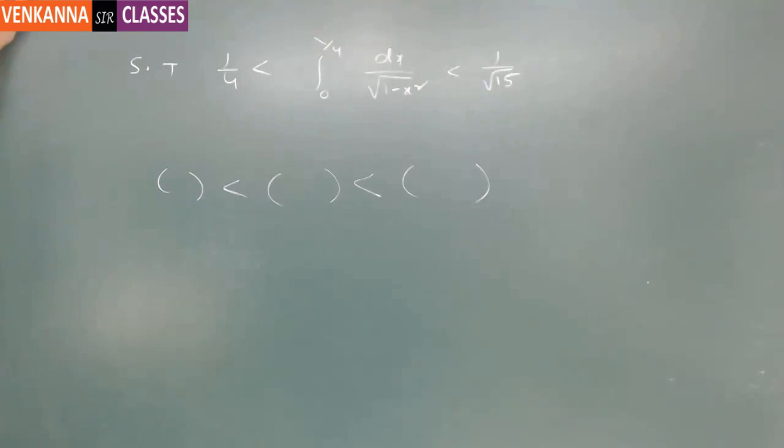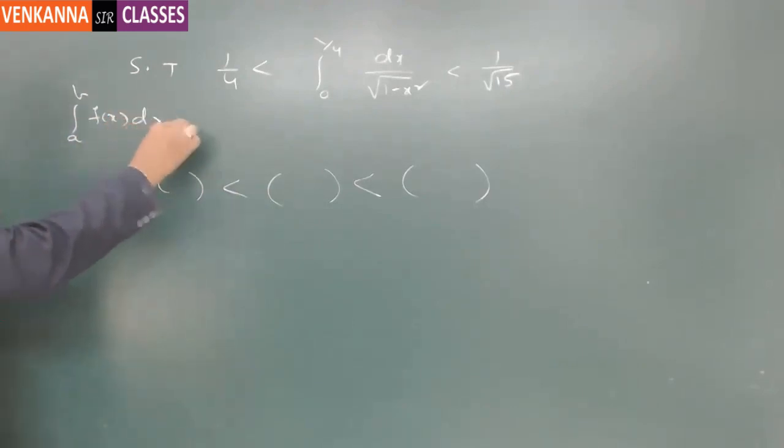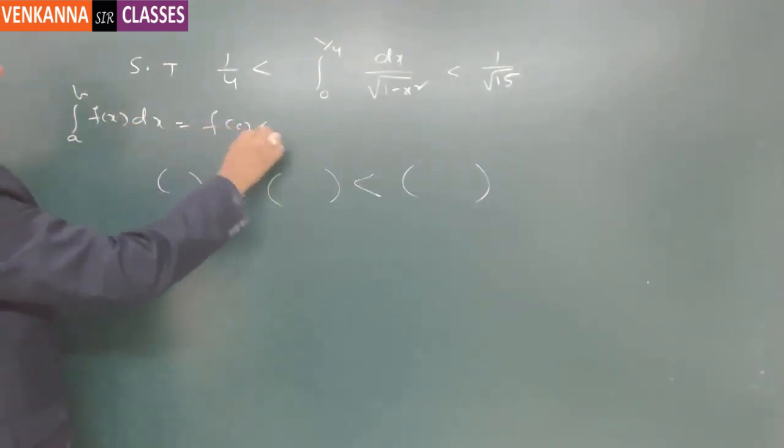One is the mean value theorem, another is the first mean value theorem involving two functions. Here there is only one function, that is 1 by root 1 minus x square. So I am going to make use of the mean value theorem stated earlier, and the condition is integral a to b f of x dx is equal to f of c into b minus a.